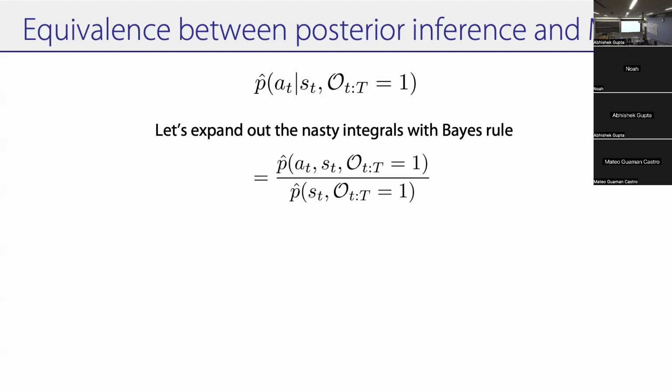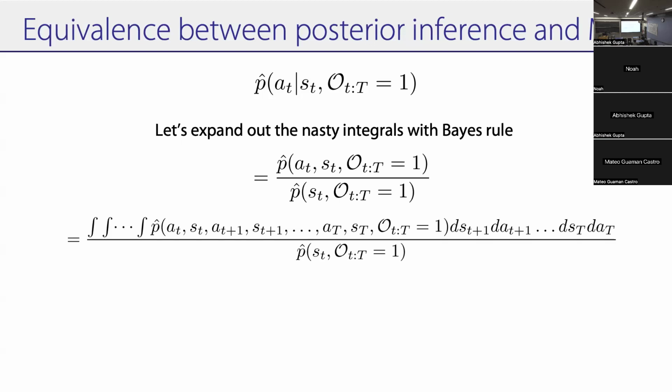Okay, so Bayes rule says that if you have this conditional likelihood, you can write it as the joint of A, S, and optimality divided by S and optimality, right? That's just Bayes rule. P of A comma B divided by P of B is P of A given B. Now we're going to add a bunch of extra variables in the numerator that we're going to marginalize out.